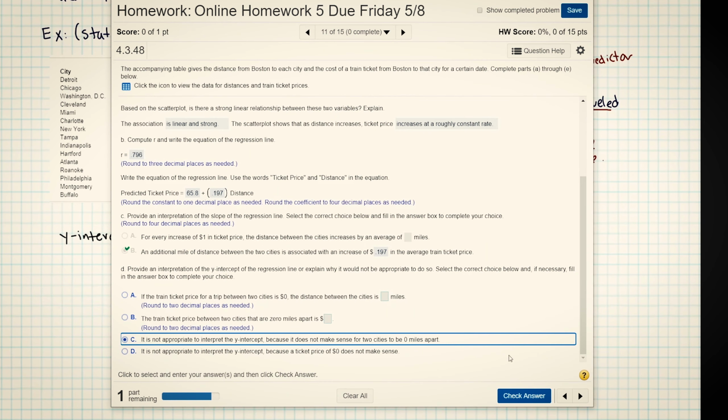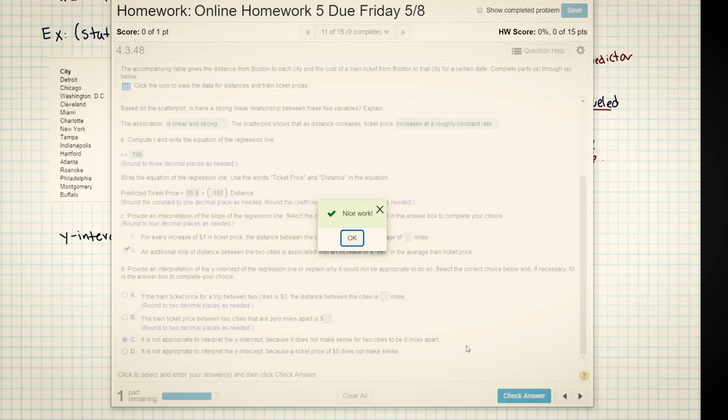Okay, so this is nonsense. No one would take a train between two cities that are 0 miles apart. I don't even know how two different cities can be 0 miles apart. So in this problem, the y-intercept doesn't make sense, and that's common. The slope always makes sense, but sometimes the y-intercept makes sense and sometimes it doesn't. In this problem, that's just garbage.